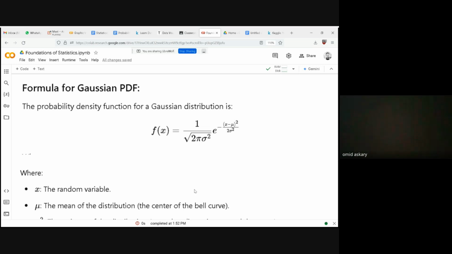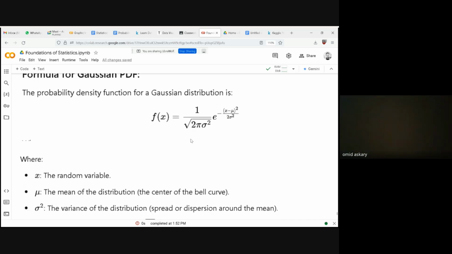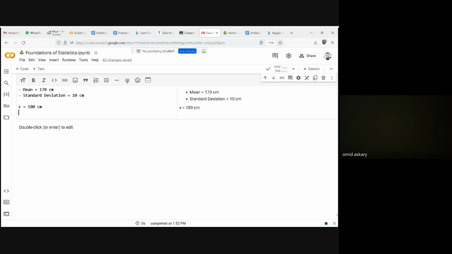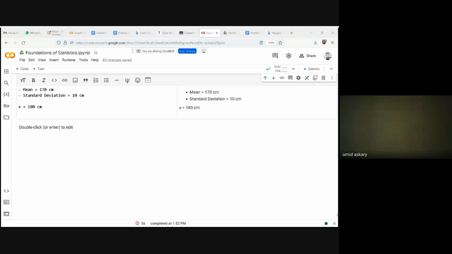If you put all these things in the formula, pi, standard deviation, mean, and x, which is 180 centimeters, you will receive a response of almost 0.02, I think.